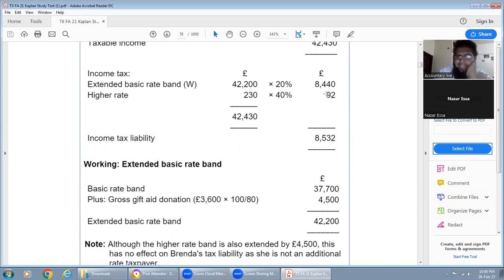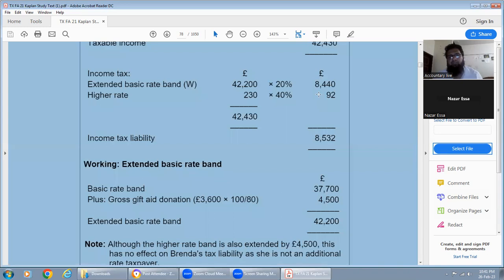So she has an extended basic rate band of 42,200 now. Its basic rate band has been increased by this amount, 4,500. So we calculate 42,200 at 20%, here it is 8,440, and the other at higher rate, which is 230 at 40%, that is 92.